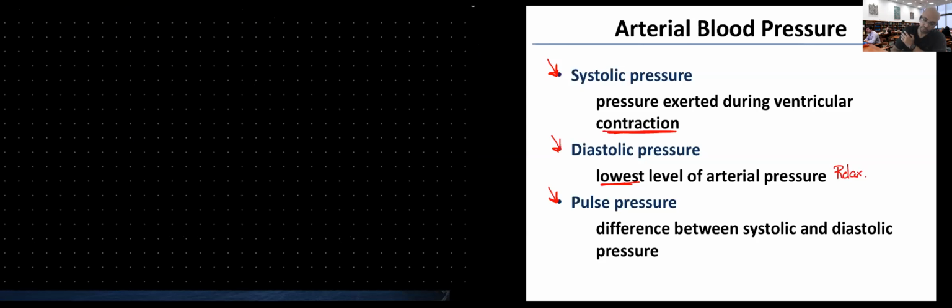So if you're conducting a study to check, let's say, the effect of a medication on arterial blood pressure, which one would you consider in your study, if you're following just a single number, to have an idea about the effect of this medication on the blood pressure?